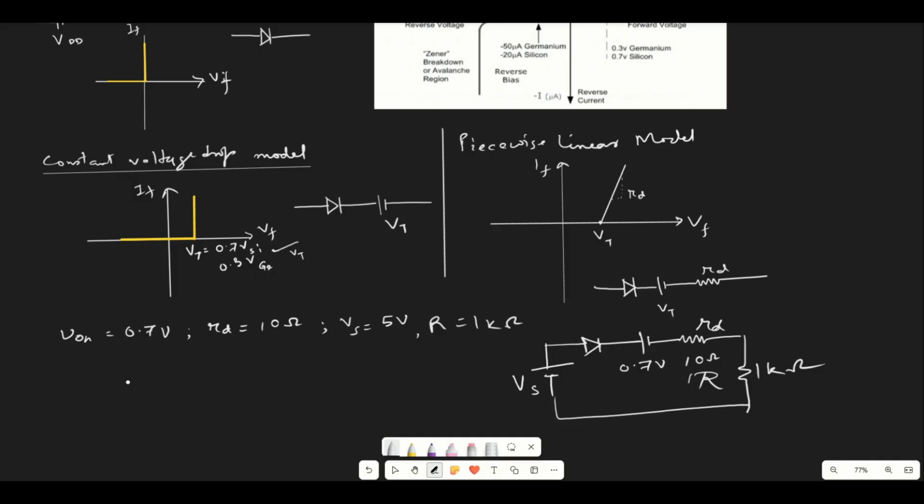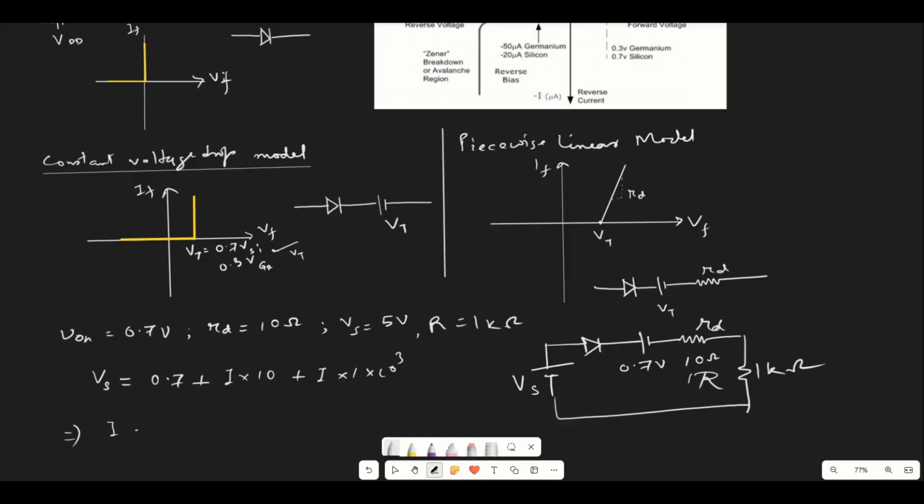Now after writing the KVL in this loop, what we're going to get is Vs equals 0.7 plus current multiplied by Rd, which is 10, plus current multiplied by 1 into 10 to the power 3, right?